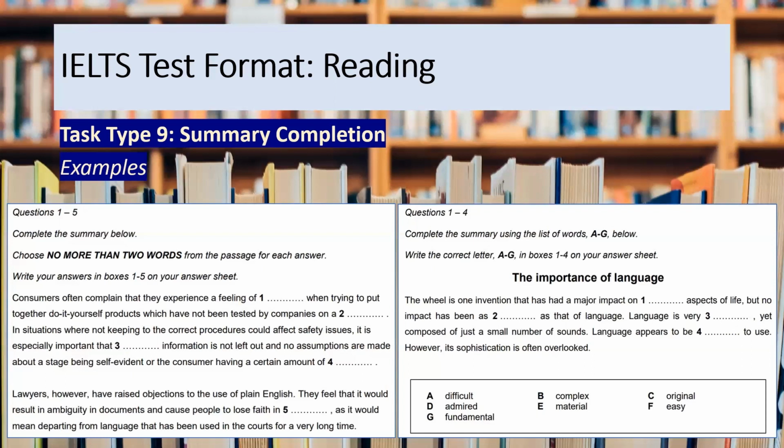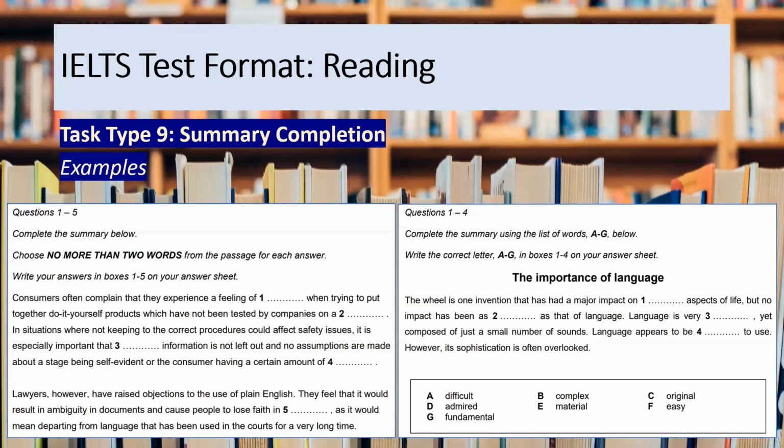Feeling of it would be a verb. Like they can experience a feeling of disappointment or something. Now, disappointment is a noun. Yes, sorry. So it can be a noun. I think it can be a noun or an adjective.